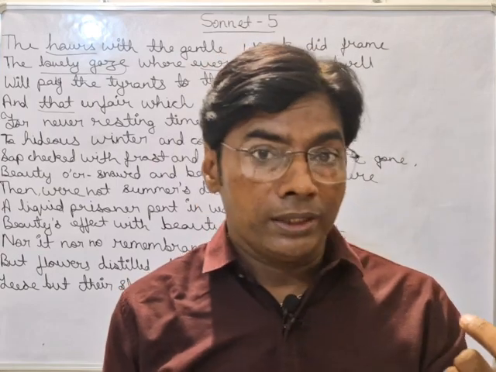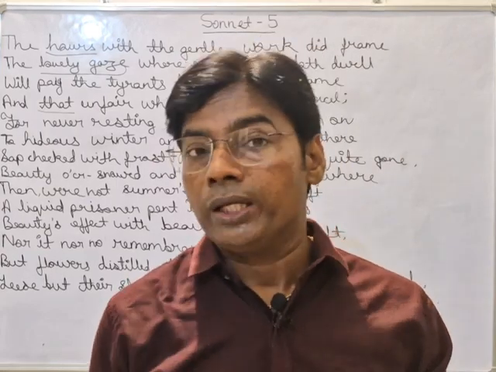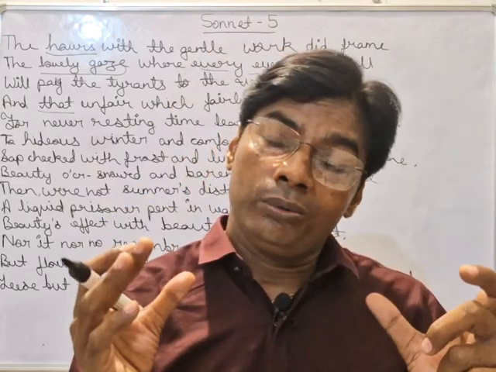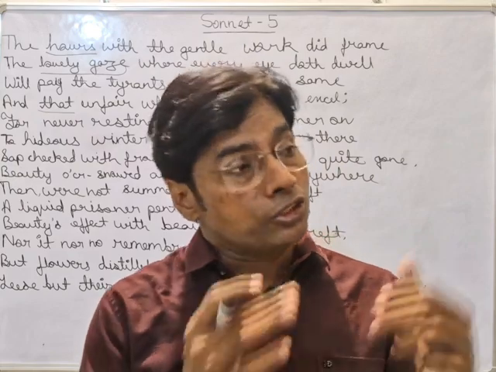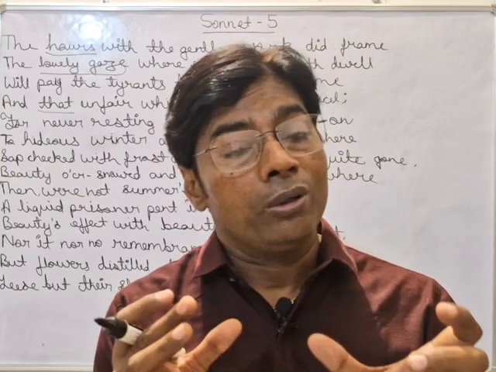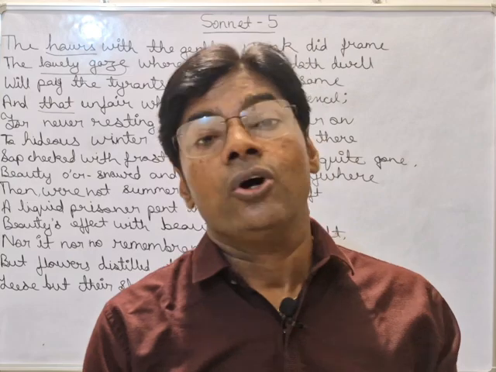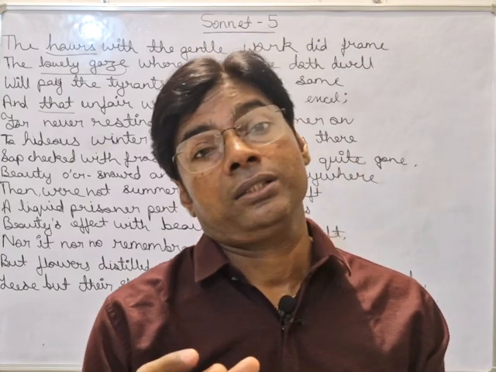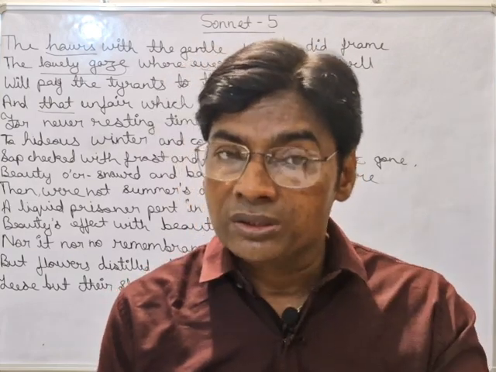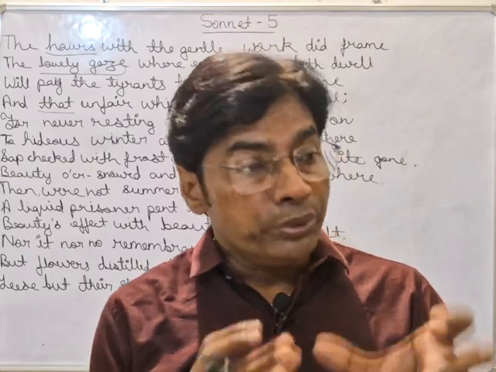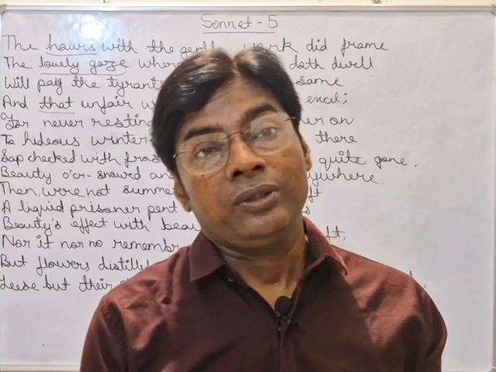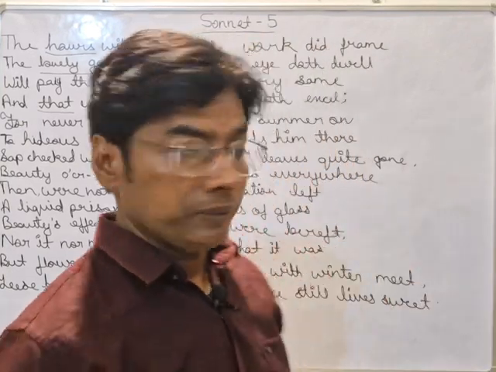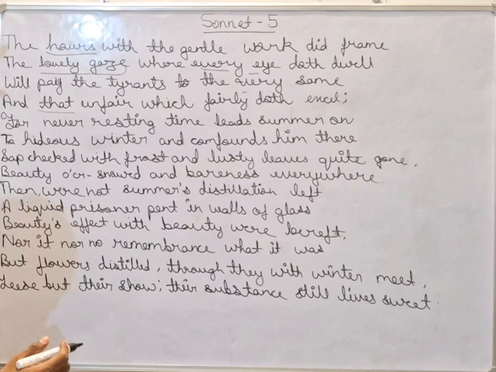In the last two lines of the first quatrain, he says how time becomes a tyrant and destroys that beautiful object it created or shaped, and deprives that beautiful object of its beauty in the later years. So hope the first quatrain is absolutely clear.